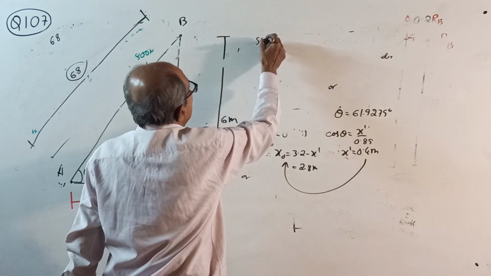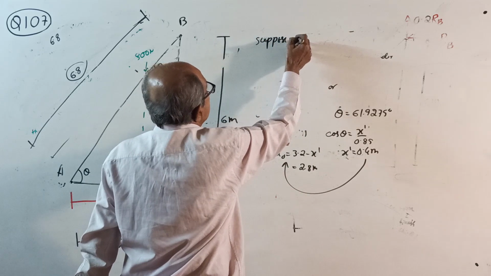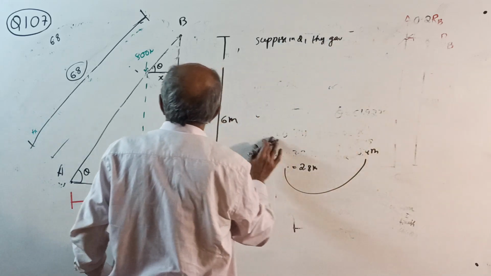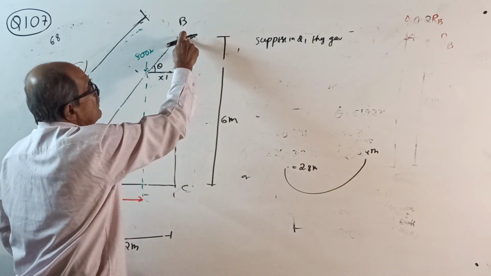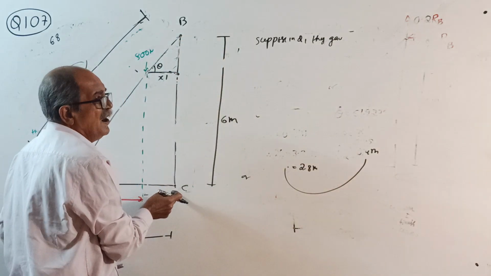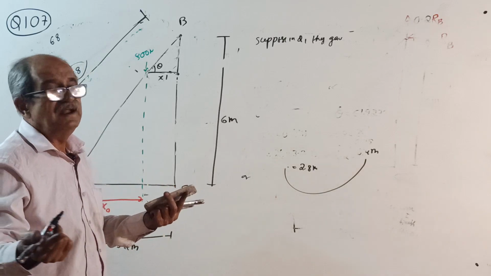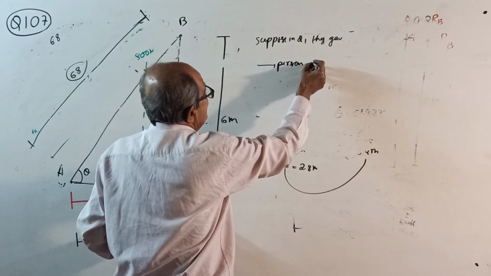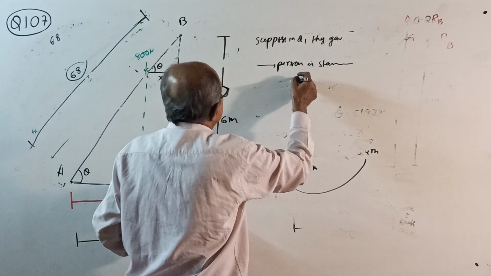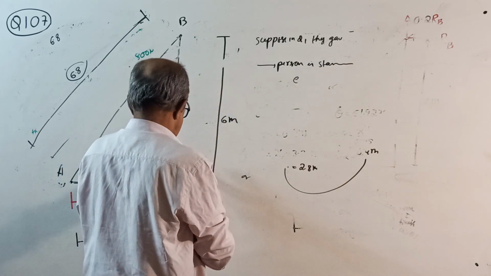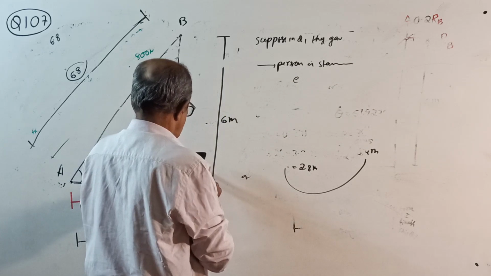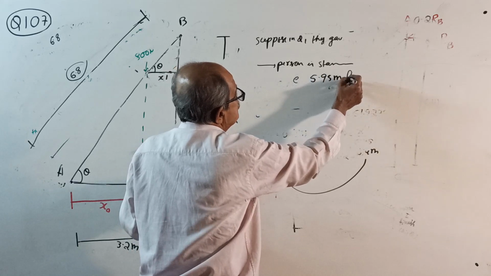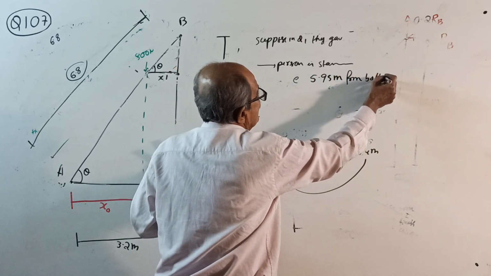Now, last case. Suppose in the question, instead of 0.75 meter here, they can tell you 5.25 from here. I already clarified. They say the person is standing 5.95 meter from the bottom of the ladder.